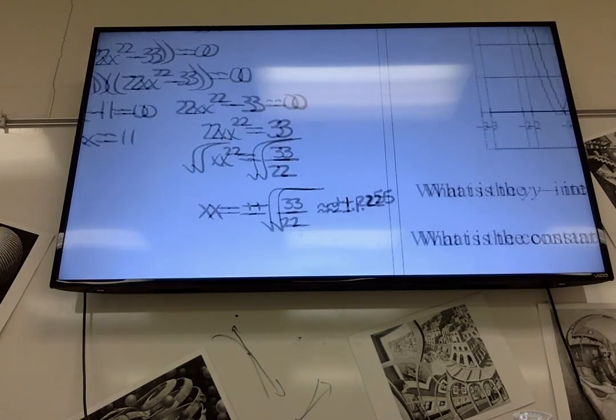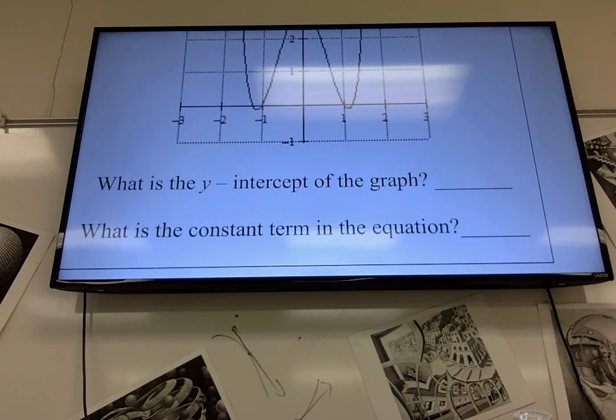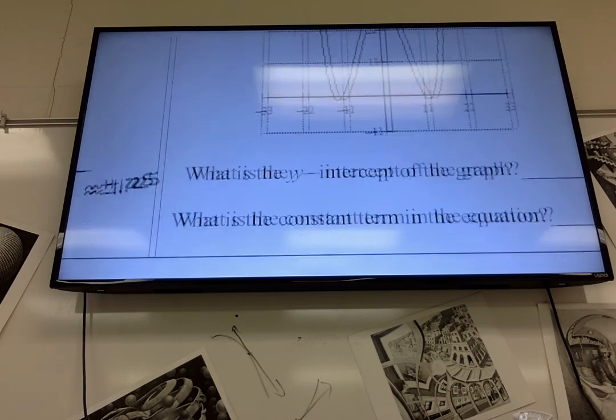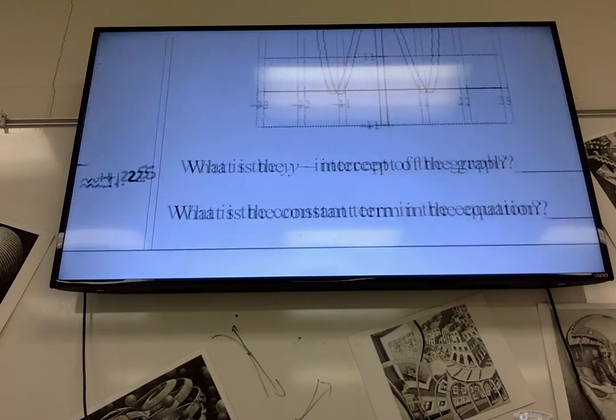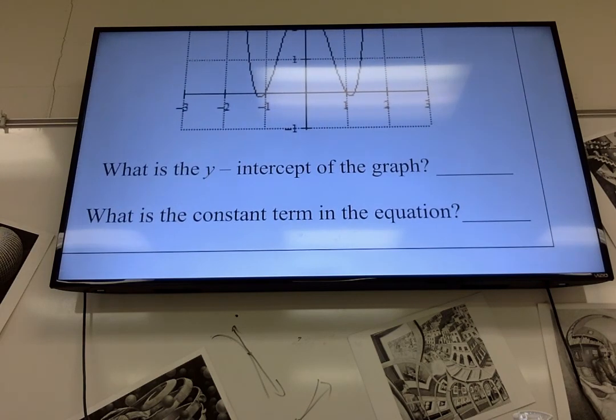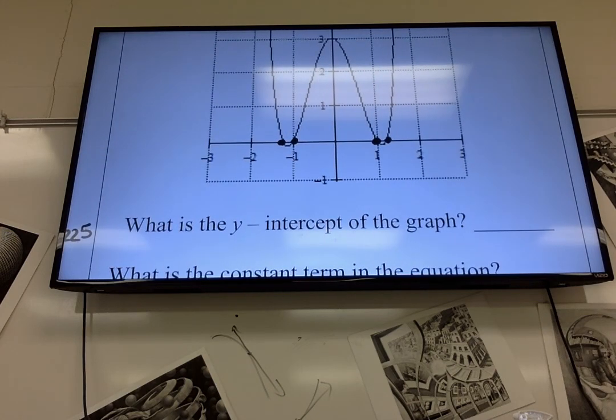So checking this, we have positive and negative 1.225, which is like here and here. And then plus or minus 1. And the y-intercept, what's the y-intercept? 3.